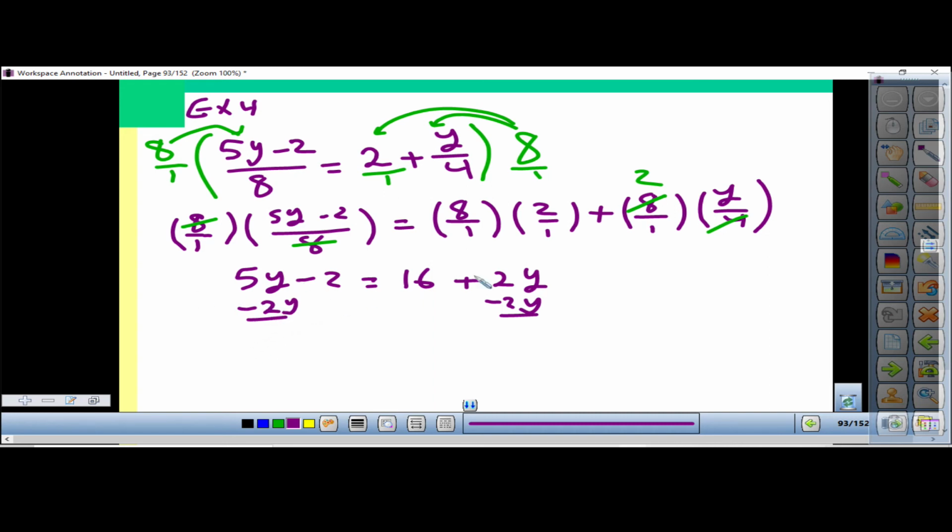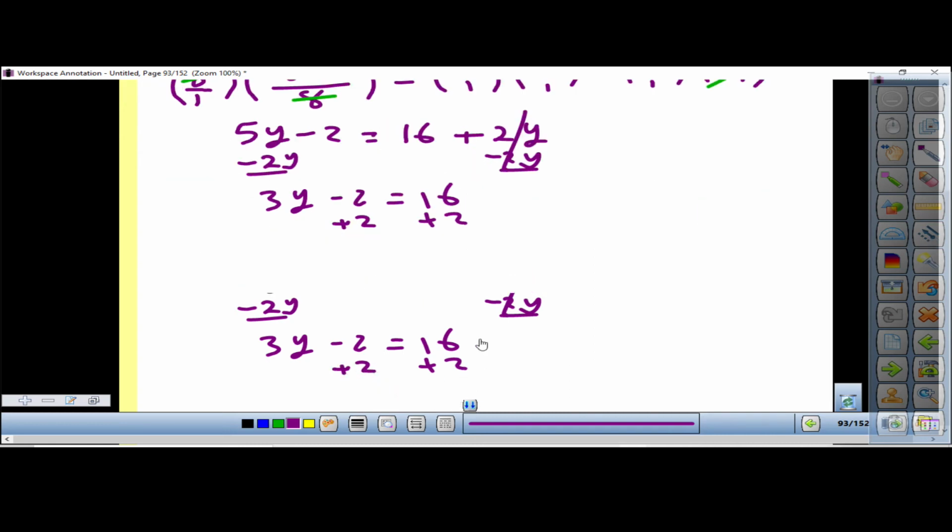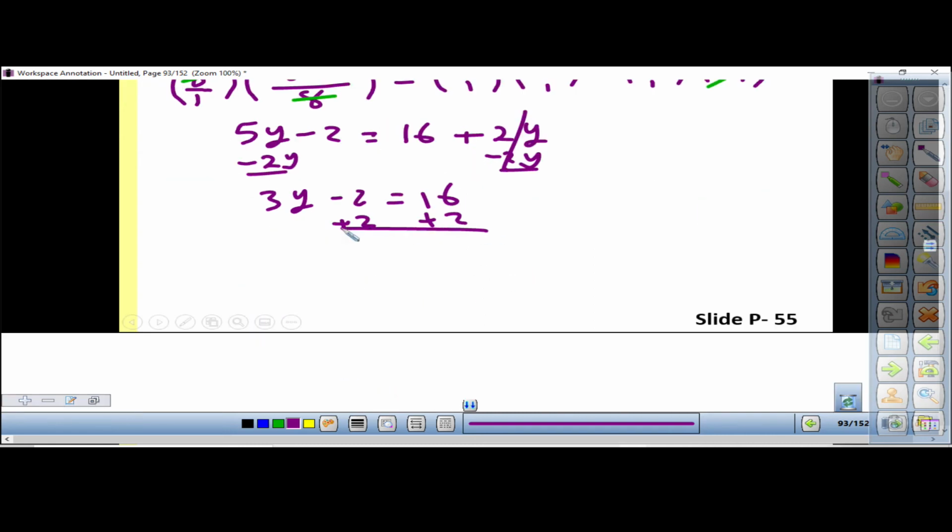Why would you do that? I have no idea. Well, some of us like that. So 3y minus 2 equals 16. Add 2. 3y's equals 18. Divided by 3, y equals 6.